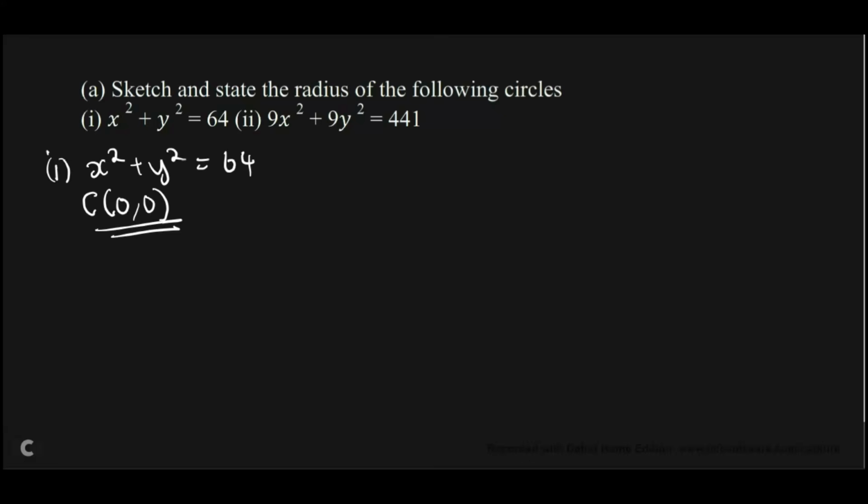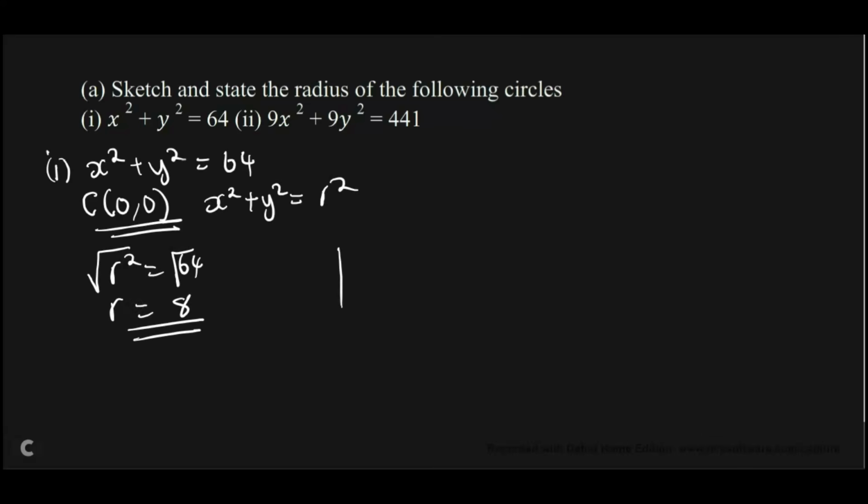When we go back, the standard equation with center 0, 0 was x squared plus y squared equal to r squared, such that your r squared we equate to 64. Then you find the square root. What is your answer? Your answer is 8. Then from there, you plot out your circle.